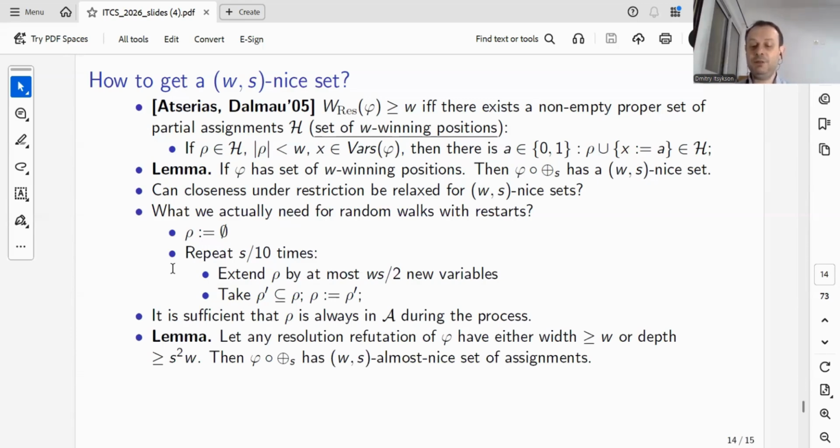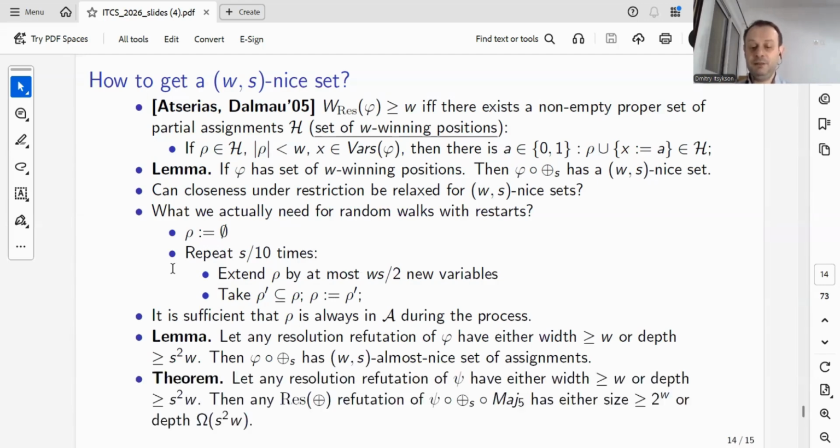This lemma, together with the random walk with restart argument, implies our theorem. Specifically, if any resolution refutation of psi has either width at least W or depth at least W squared, then any resolution over parity refutation of psi lifted by the composition of parity of size S and majority 5 must have either size at least 2 to the W or depth at least omega of WS squared.